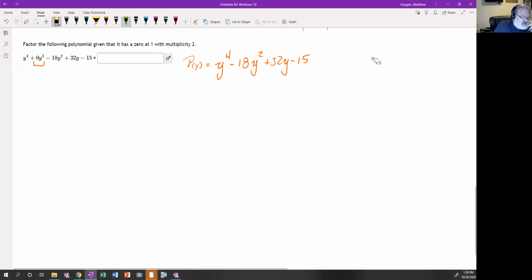Again, graphically, that means that at 1, this thing bounces. I don't know if it bounces from above or from below. I'd have to look at the graph or finish this problem. That would tell us too.